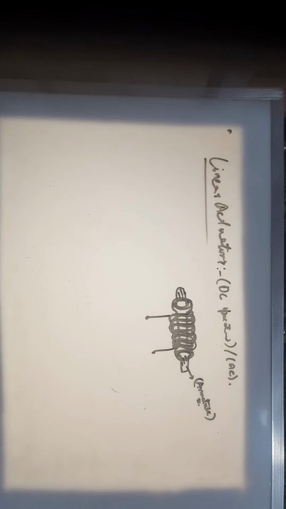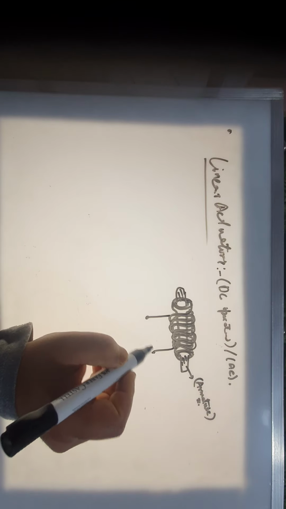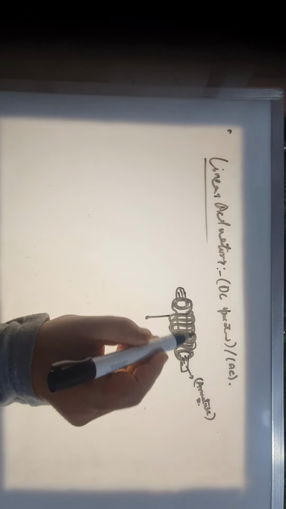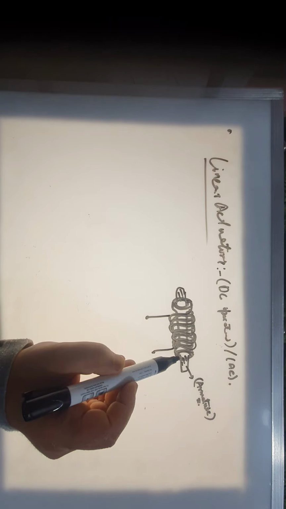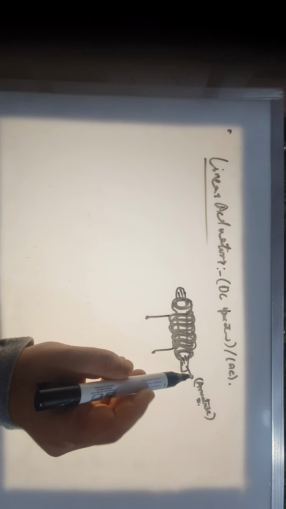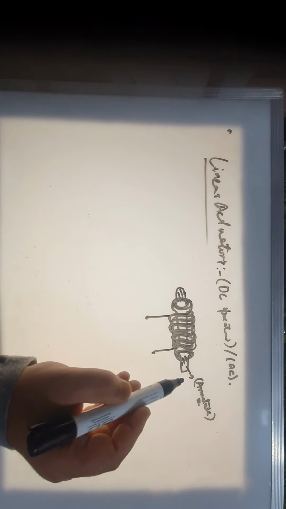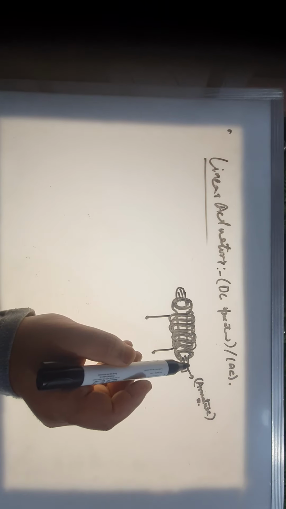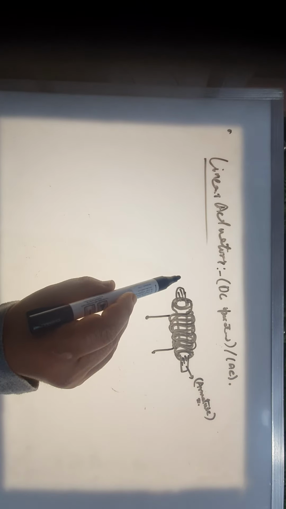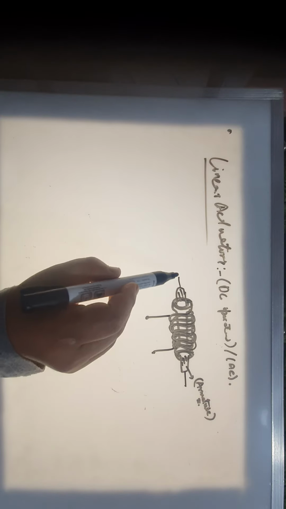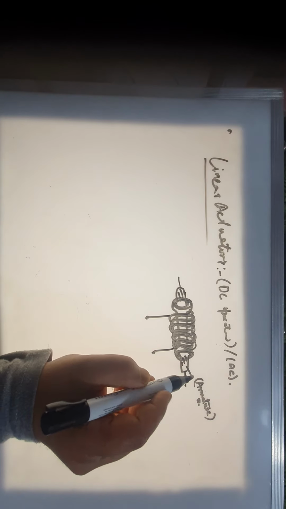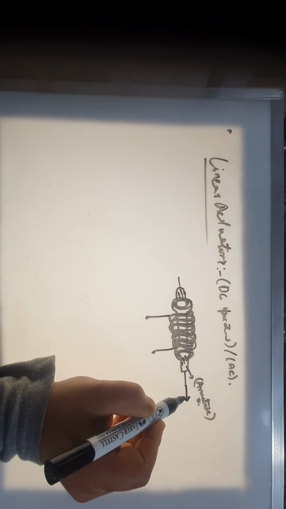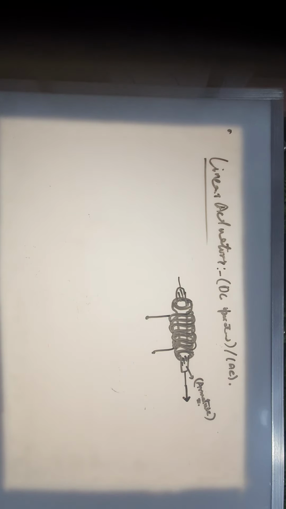So whenever you provide the current, AC or DC, this core gets magnetized, and there is a flux induced into this armature, and because of that, this plunger simply plunges out. It goes into one direction, so it gets a linear actuation, a force in this direction.